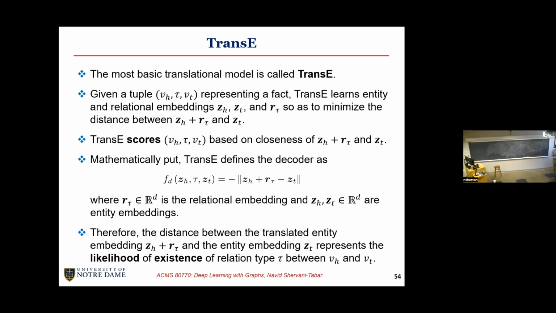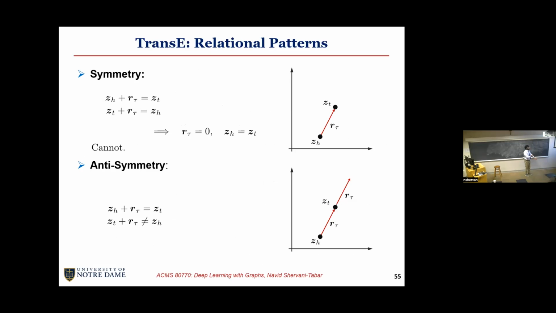We just subtract one from the other, and using that we get a score that shows how likely these two are to be connected to each other. So let's see if the TransE method can represent different logical patterns on our relations.